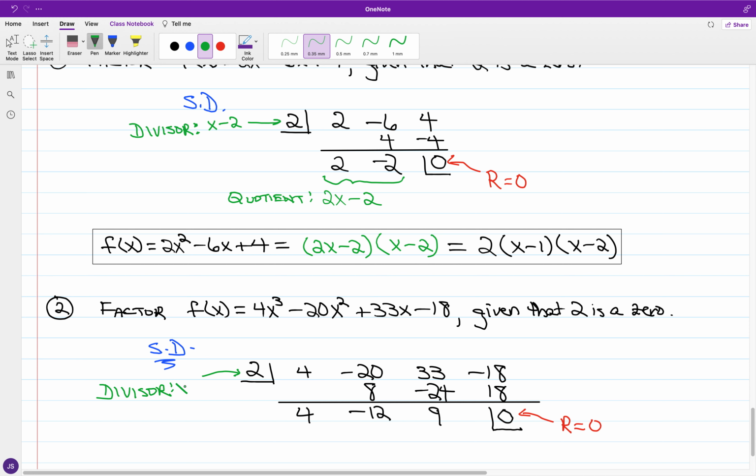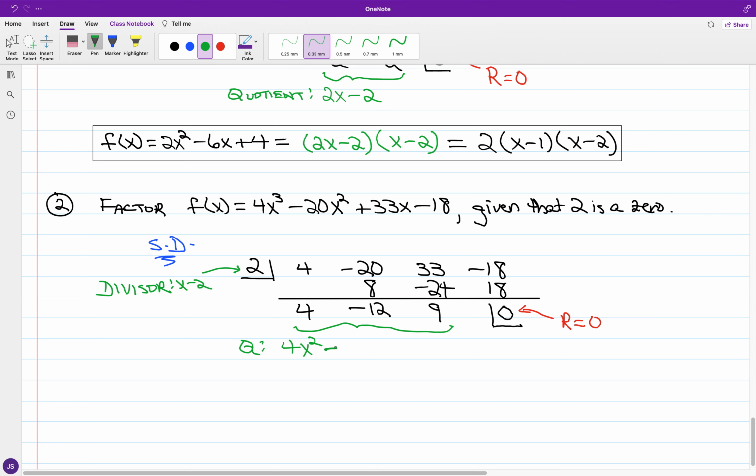Now for the quotient that we have here, and this is one that can be factored further ultimately, but for now, the leading 4 here, again, we're transitioning from 4x cubed to 4x squared. We've got minus 12x, followed by 9.